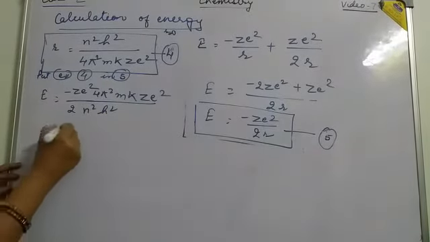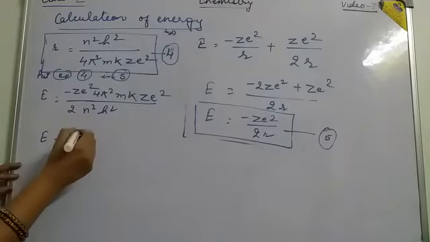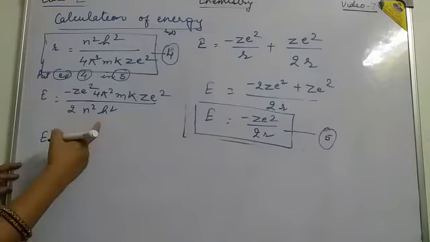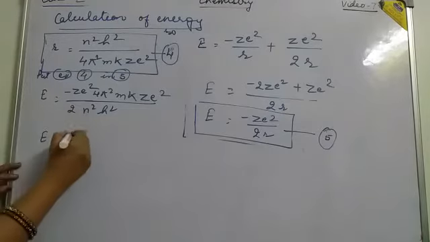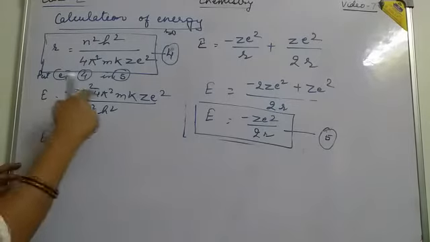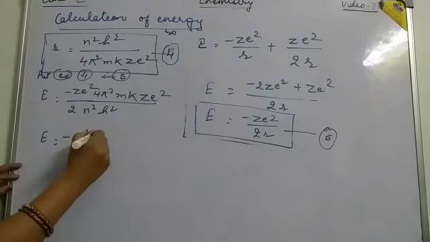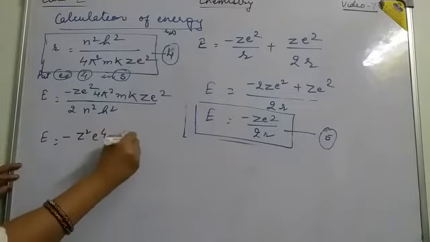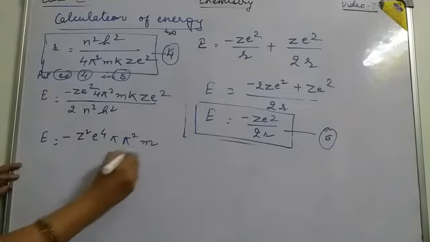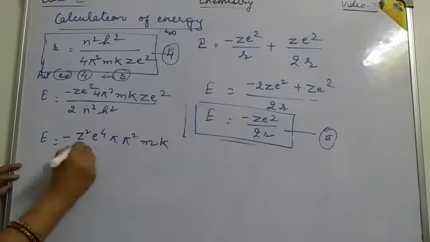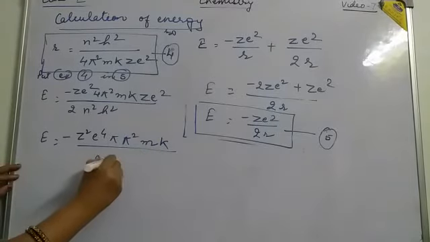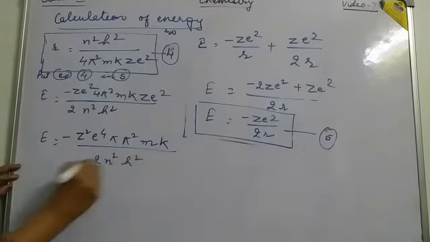Now calculate: minus Z square e 4 pi square m k by 2 n square h square.